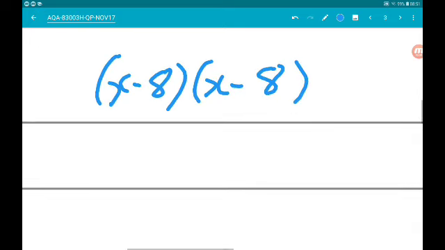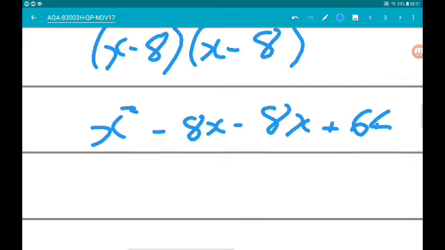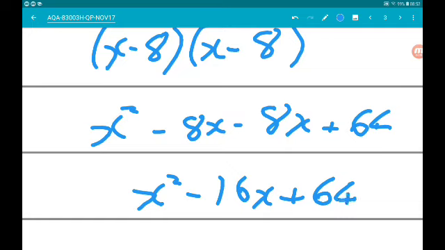So, we're going to get x squared minus 8x minus 8x add 64, which is going to give us x squared minus 16x add 64. Cool.